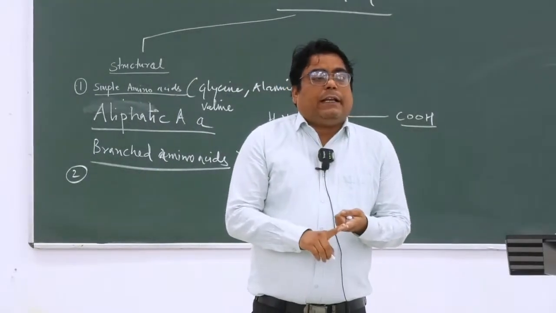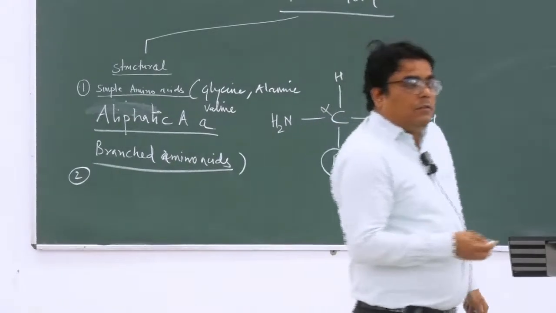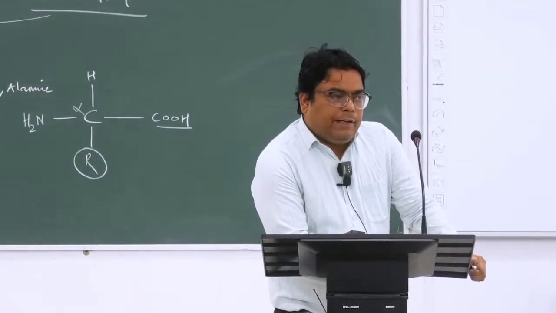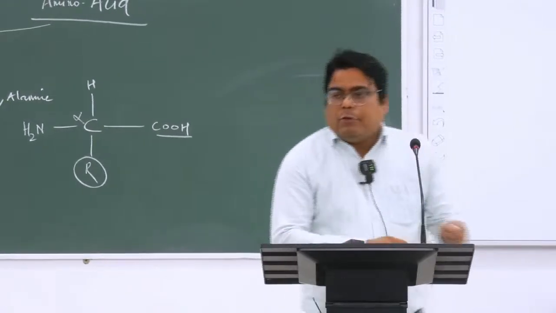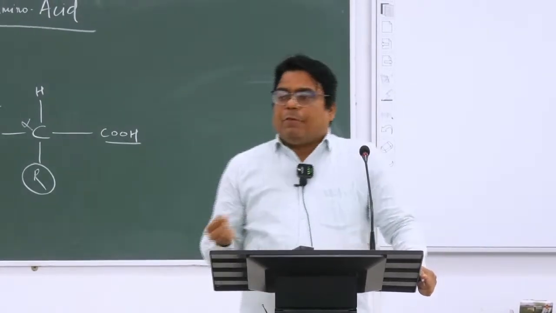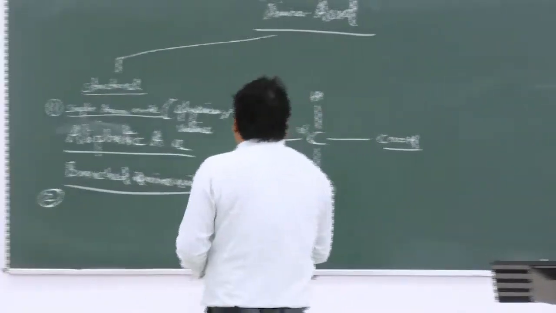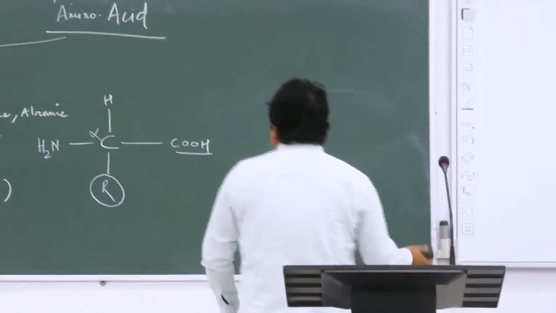Now the alcoholic group containing amino acids, which contain a hydroxyl group: serine and threonine. Now those amino acids which contain an aromatic ring: tyrosine, tryptophan, phenylalanine. So these are the structure classification.